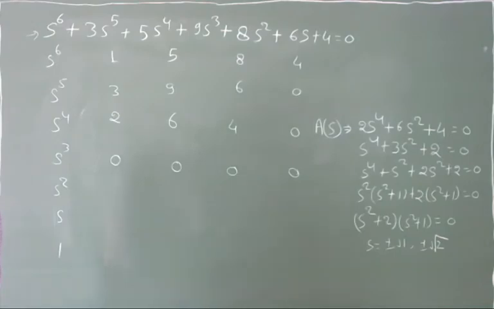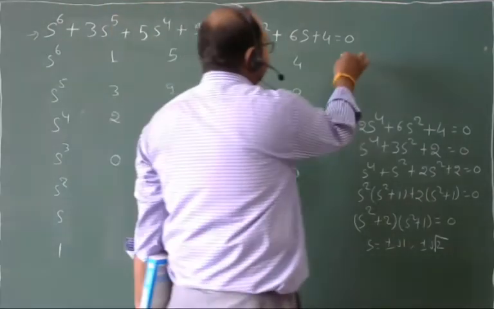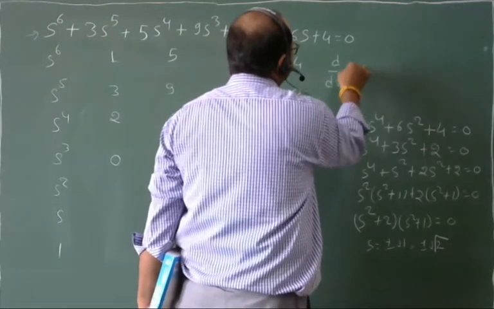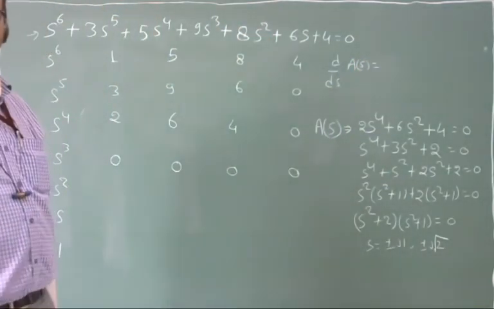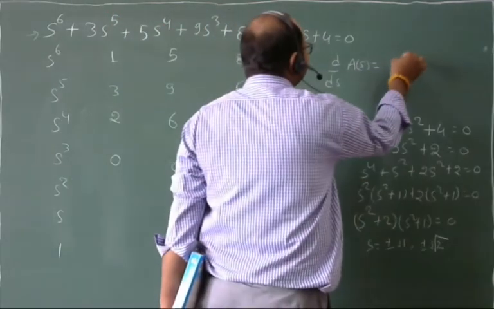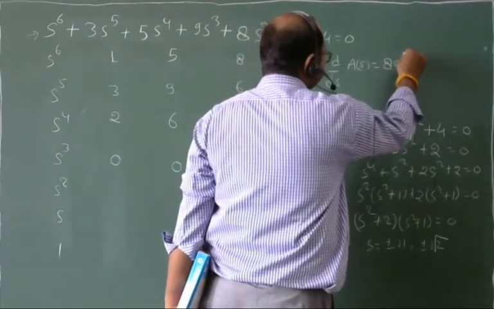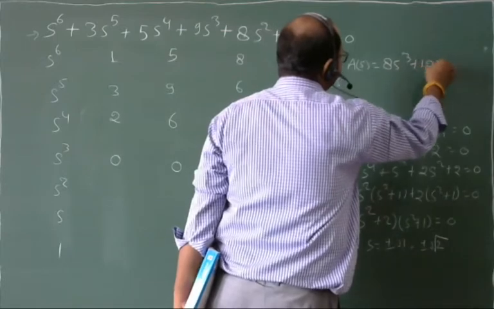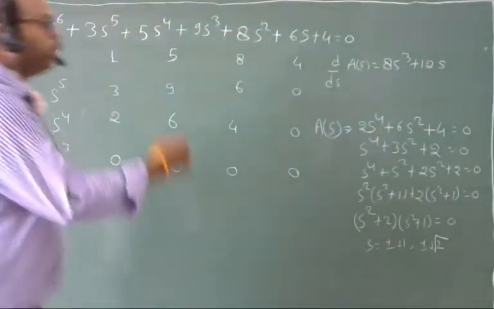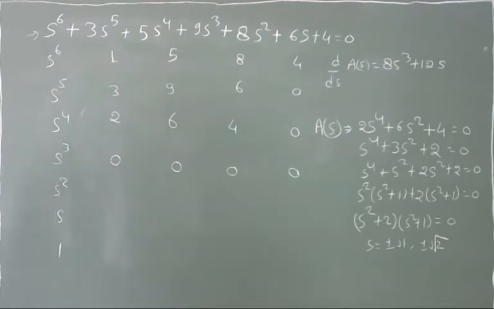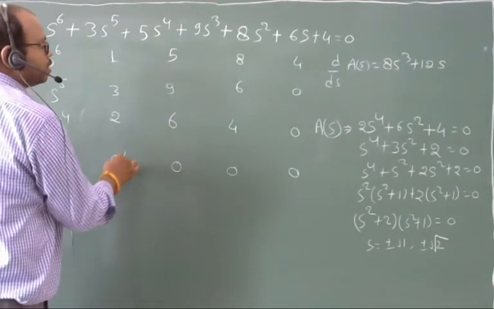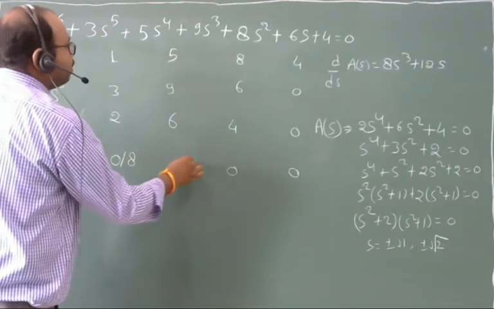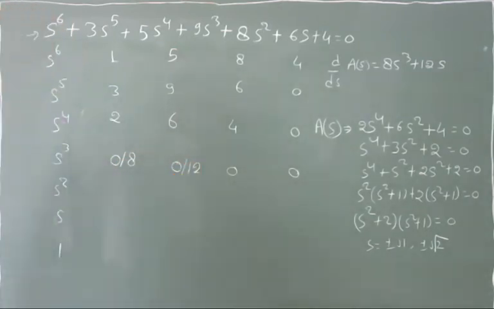Now, take the first derivative of this auxiliary equation, dA(s)/ds. What will be dA(s)/ds? 4 into 2, 8 s cube plus 12s, and we will put these coefficients in place of these zeros. Means here in place of 6 we will write 8 and here we will write 12. 8 and 12.